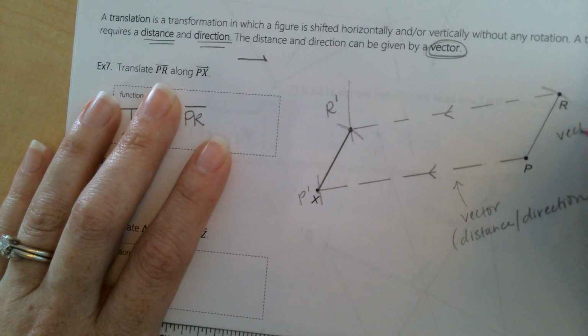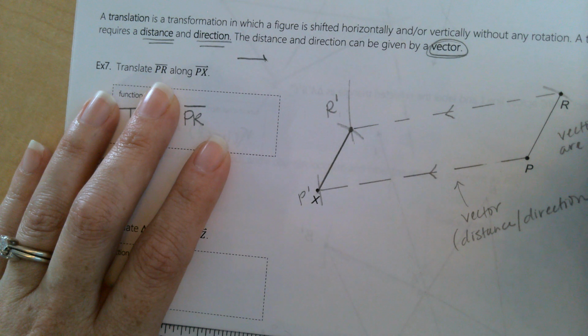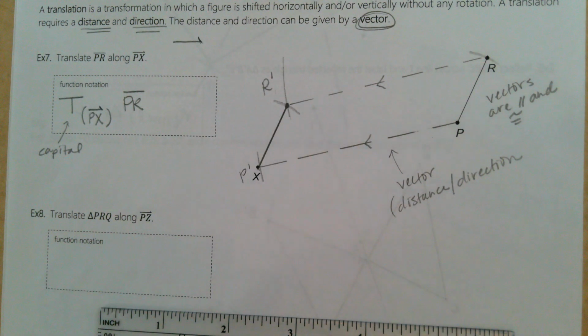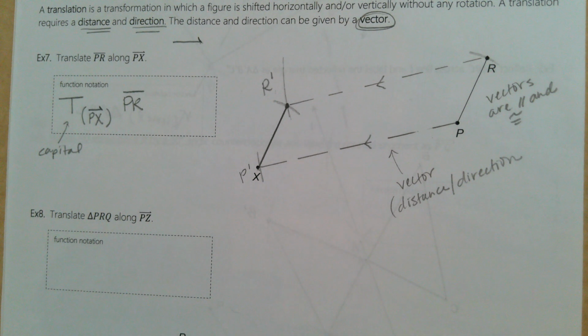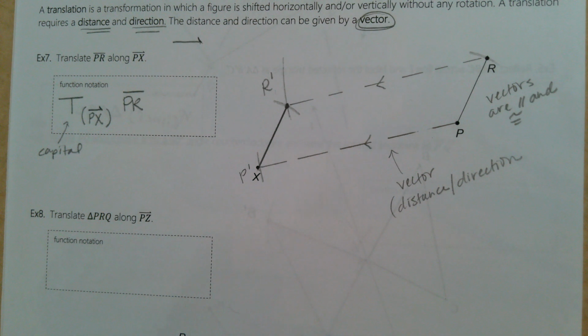So vectors are parallel and congruent. If your vectors end up crossing each other, or they're not the same length, then something happened.